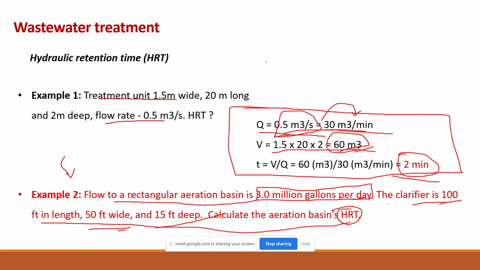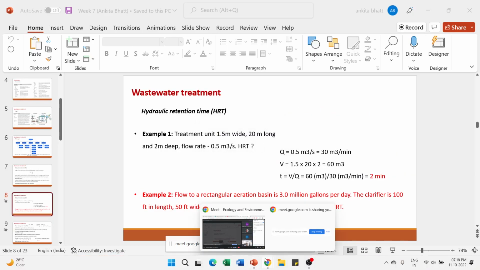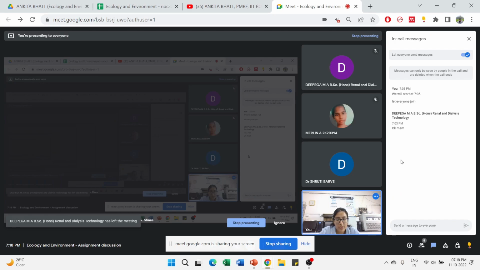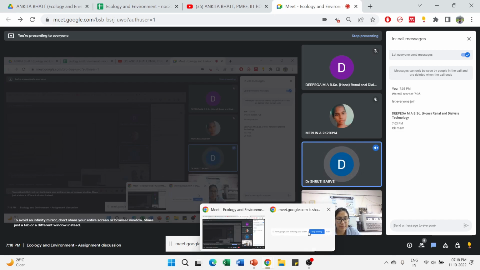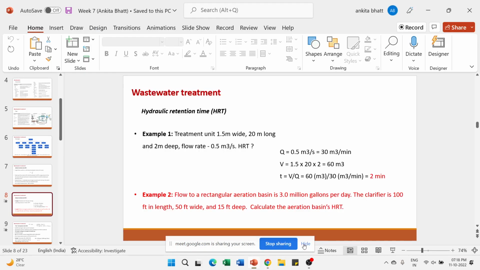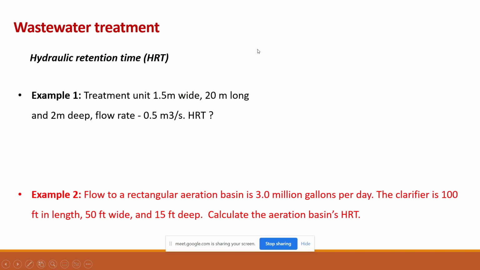Calculate the HRT by using the clarifier volume and the flow rate. So let me see if anybody of you is attempting to solve this. Fine.